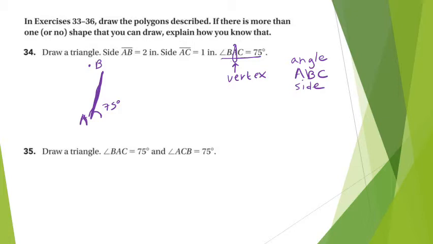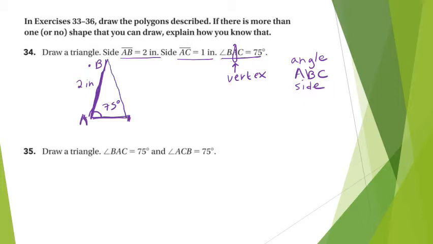So side AB needs to be 2 inches. And so I know, again, you'll kind of have to humor me here that this is 2 inches. And then side AC is going to be 1 inch. So I'm going to make that about half of what I have here and erase the rest of what I've got here. So this is about 1 inch. And then I'm going to go ahead and connect these here, right?